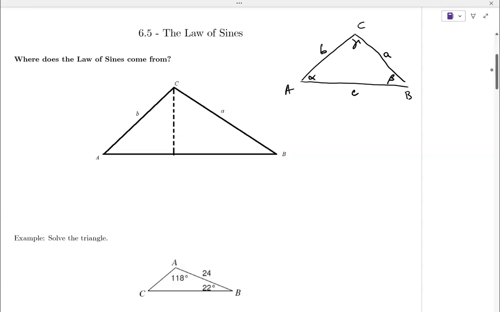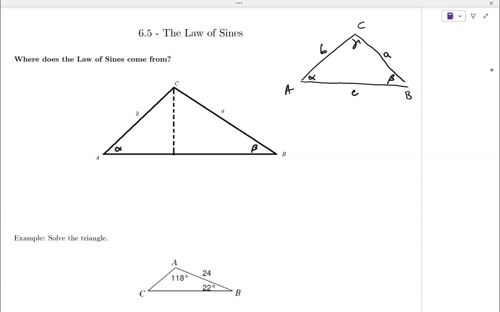Going back to the picture where we're going to develop our law of sines, I'm going to draw in my alpha here at A and my beta here at B. Yes, gamma is up there at C, but I've got a helping line in there that's going to connect pieces for us, so I'm going to label the C right now.